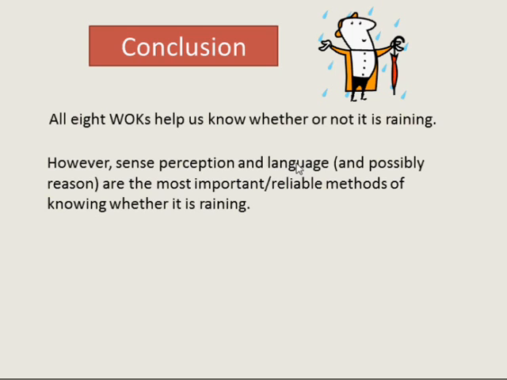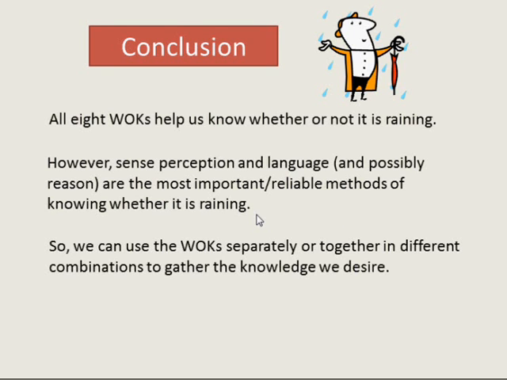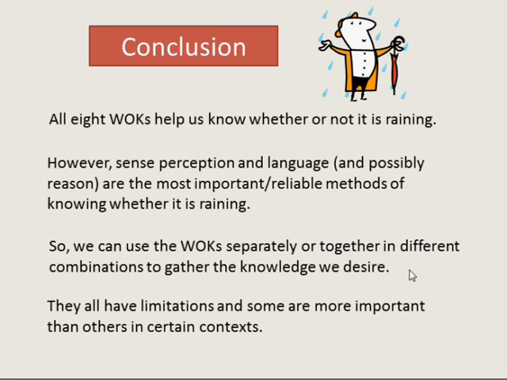You could debate whether language or reason is more important. So you can use the ways of knowing separately or together in different combinations to get the knowledge that we desire. They all have their limitations, and some are more important in different contexts, but if we all work together, we will have a more accurate representation of what we actually know.